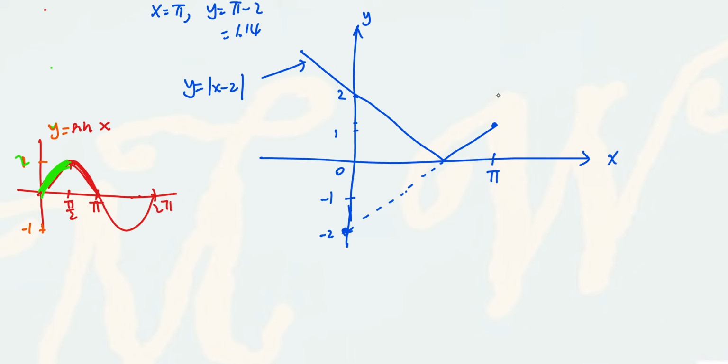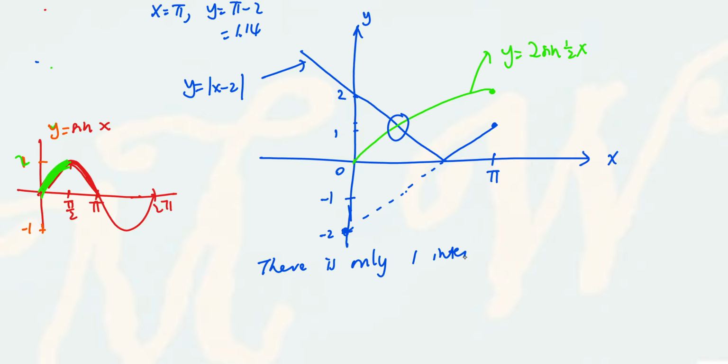So which means I will get this. Okay, this is my graph. So here is my y equals 2 sine half x. So obviously from here we know that there is one intersection point. So just write down there is only one intersection point between two graphs.